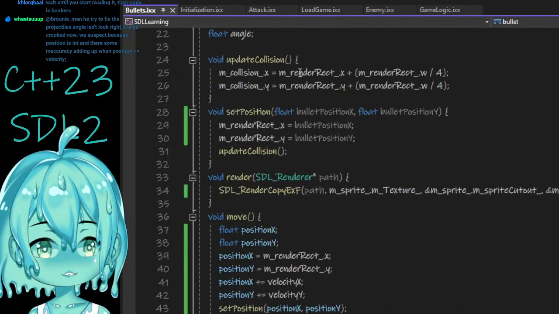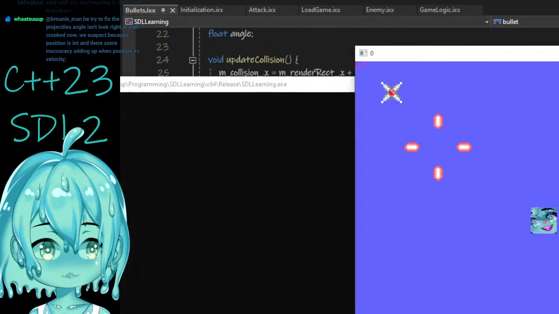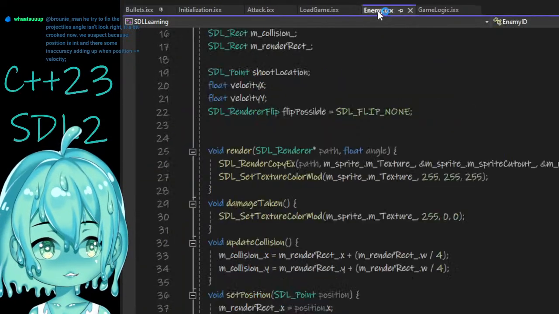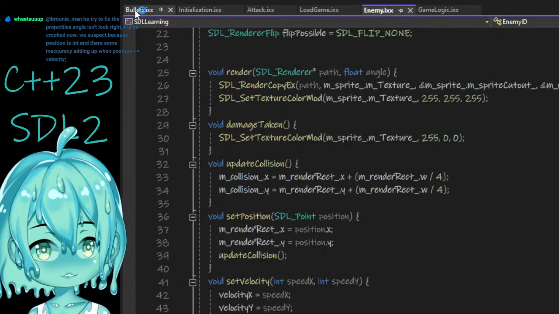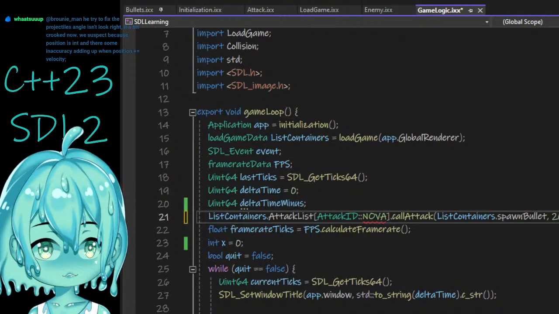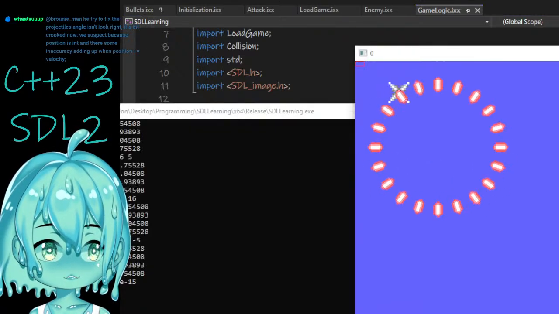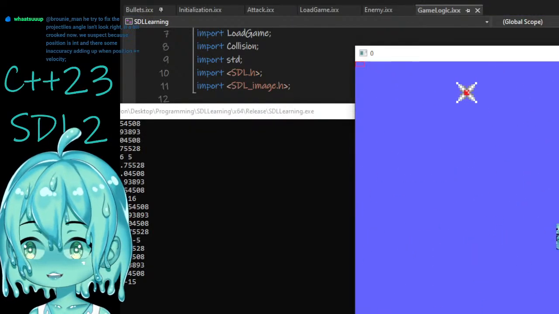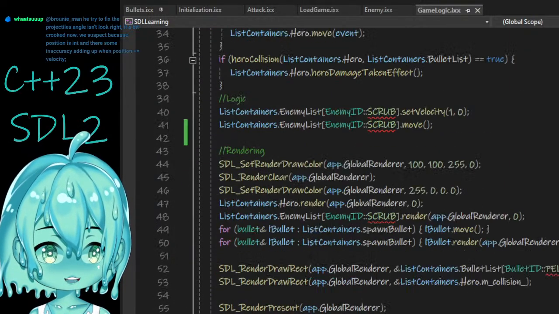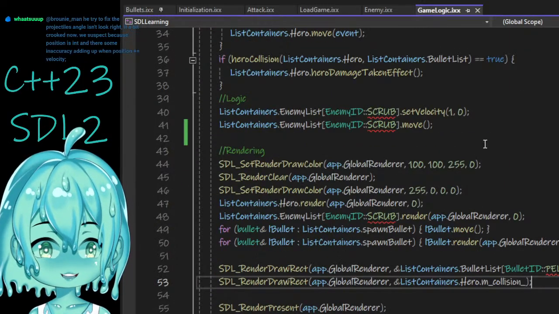Okay. So if everything works, let's try 20 again. Oh, that looks so clean. Oh, hold on. Did that just solve everything? That looked clean.